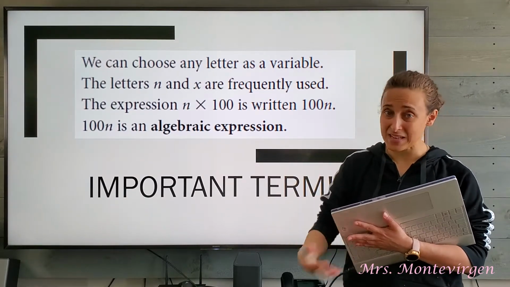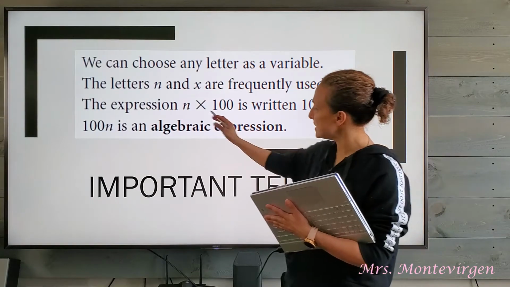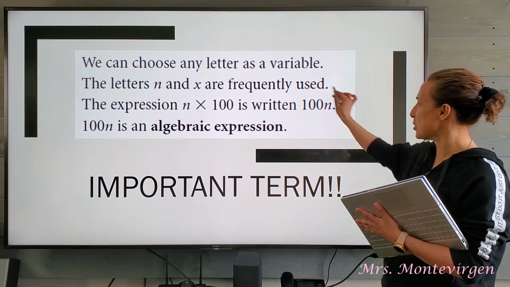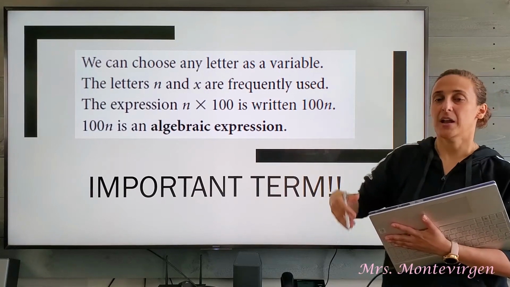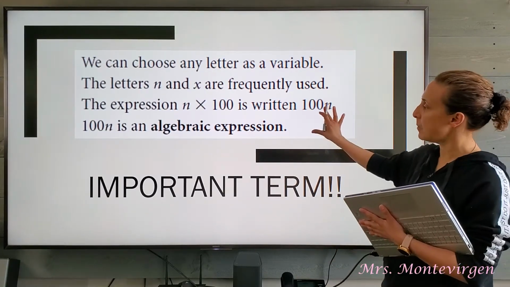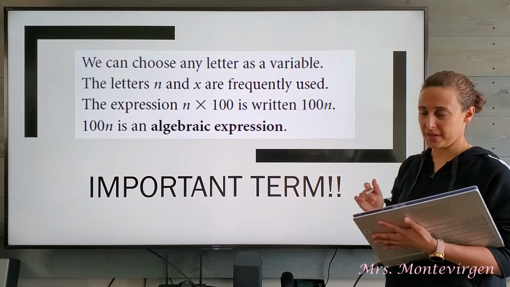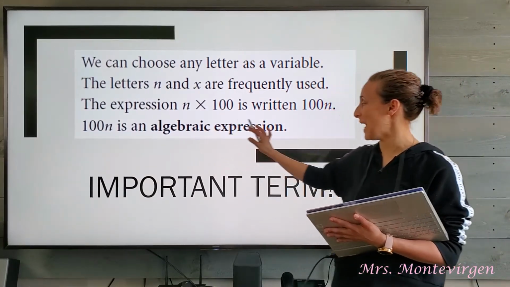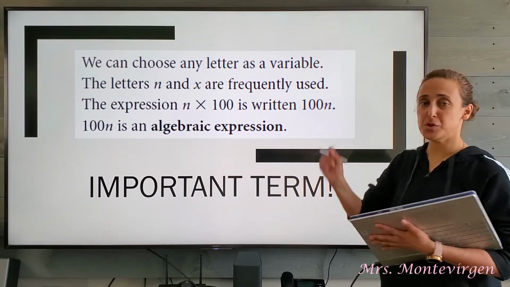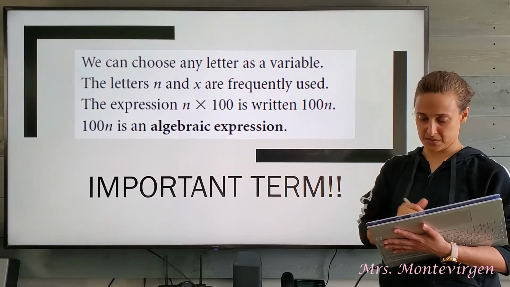They could represent any number, all right? In this case here, we already have an algebraic expression of 100n. And as we go into my examples, we're going to talk about how we come up with expressions like this. But remember, these are called algebraic expressions. I'm not solving for anything. All I'm doing is writing the statements.